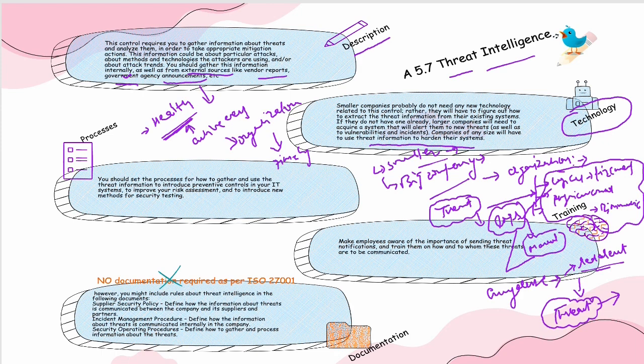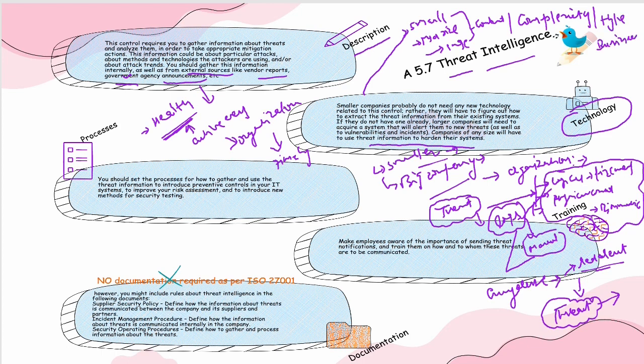I think it is very important to understand: either it is a small company, or let's suppose we add one more, mid-size, and large company, based on the context, complexity, and the type of business you are in, you have to gather the different threats.